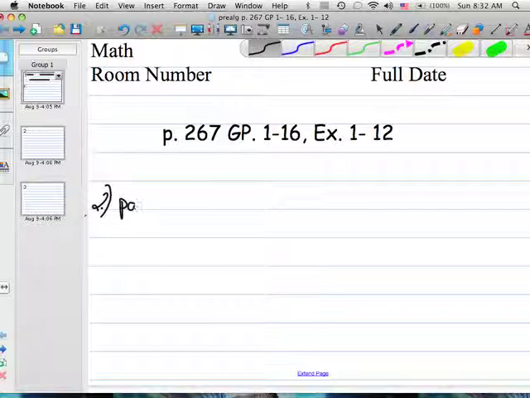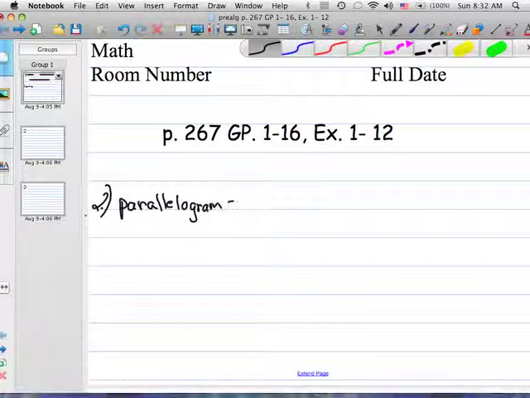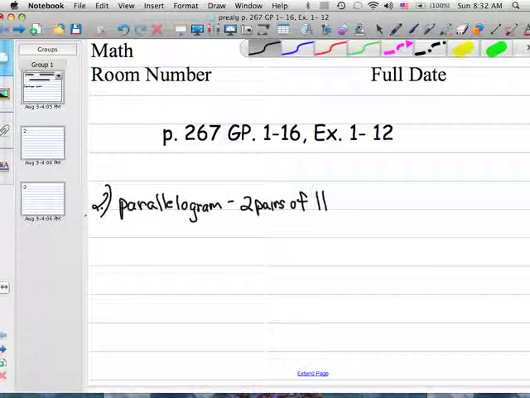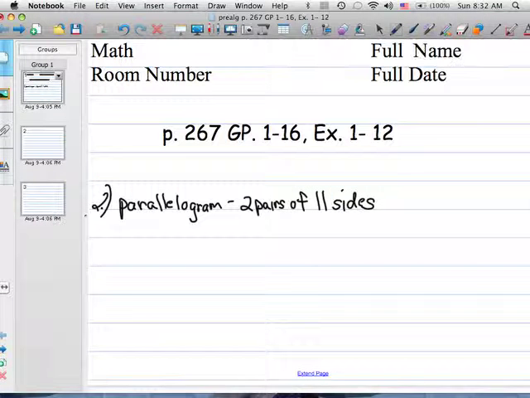A parallelogram has 2 pairs of parallel sides. I'm going to use the symbol for parallel. A trapezoid has 1 pair of parallel sides.